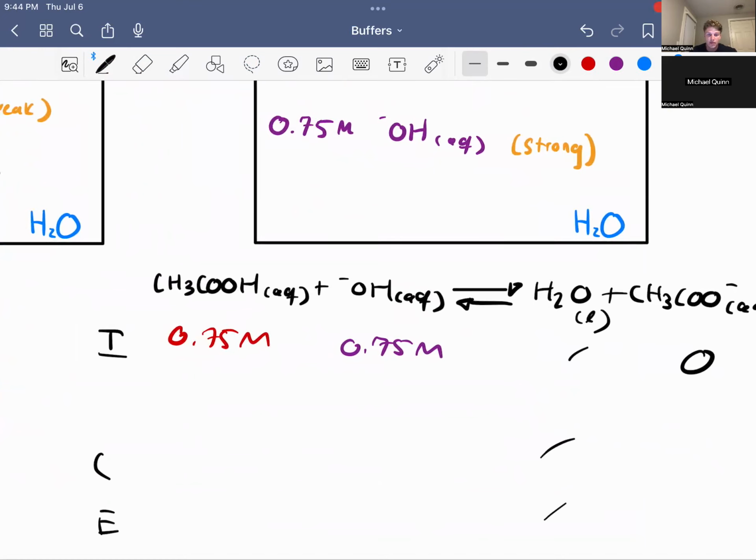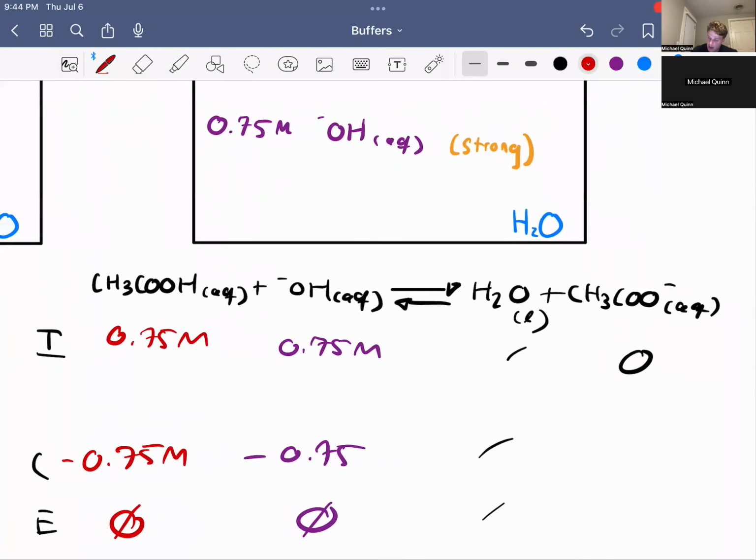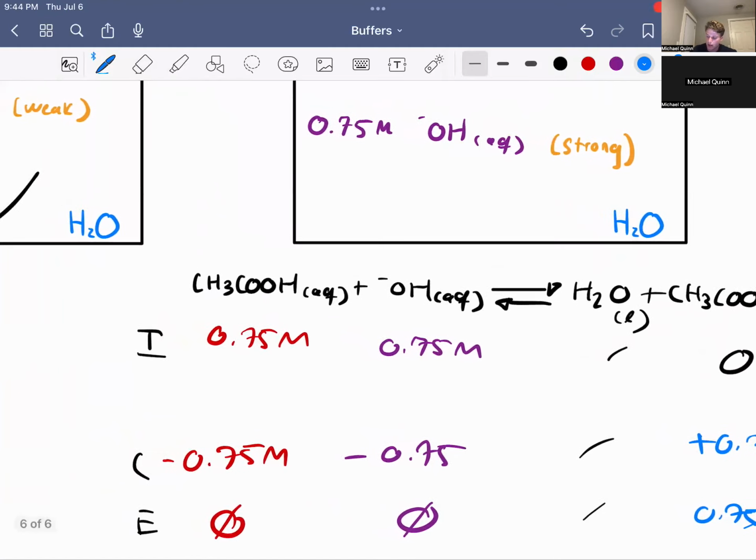So our 0.75 molar of CH3COOH will give away its hydrogen, all of it essentially, to the OH minus. So this will all just react. 0.75, we'll be left with nothing, and we have enough base to accept all the hydrogens. So we'll just react this. Boom. So in the meantime, we created 0.75 molar of the conjugate base.